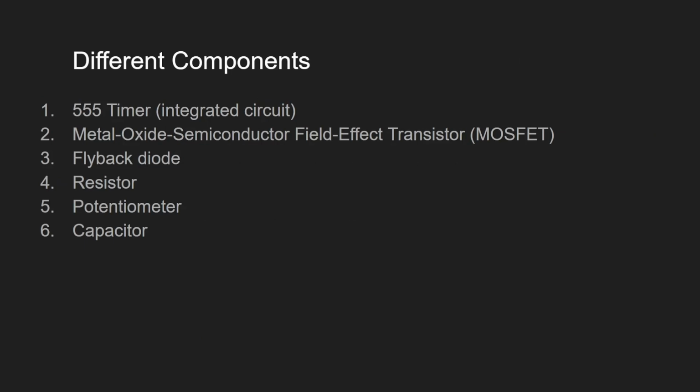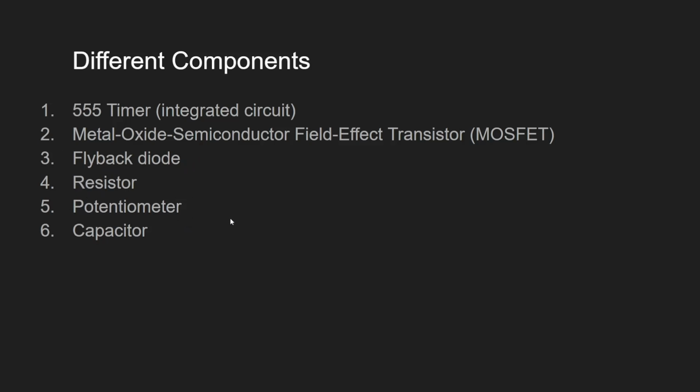Different components: we have a 555 timer, which is what is called an integrated circuit. You might see IC written next to it. We have a metal oxide semiconductor field effect transistor, which is just called a MOSFET. We have diodes, like the flyback diode. We have a resistor. We have potentiometers and capacitors.